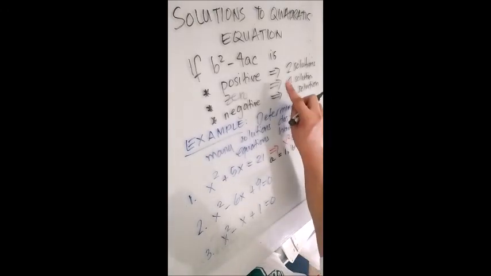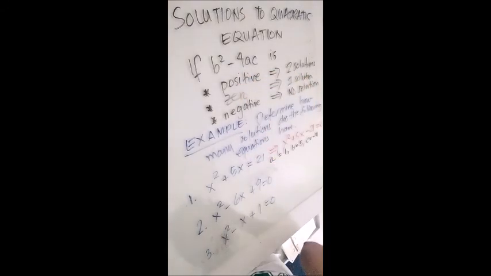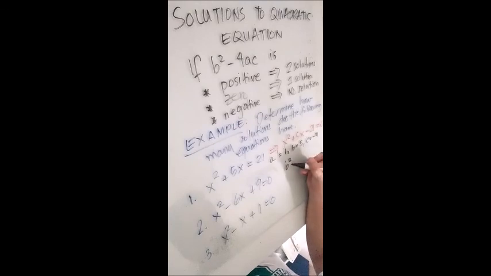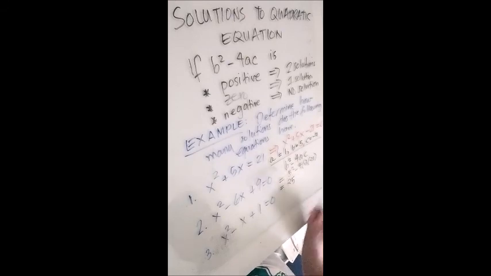Then let's check b squared minus 4ac. What is b squared? We have 5 squared minus 4 times 1 times negative 21. So this is 25.